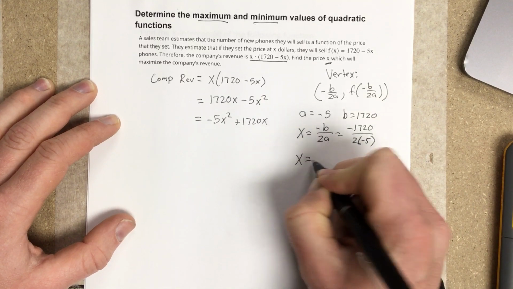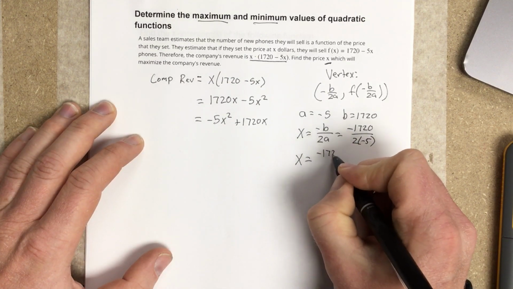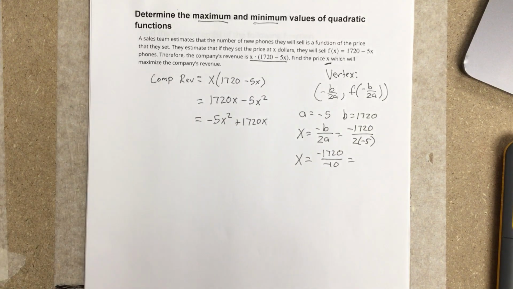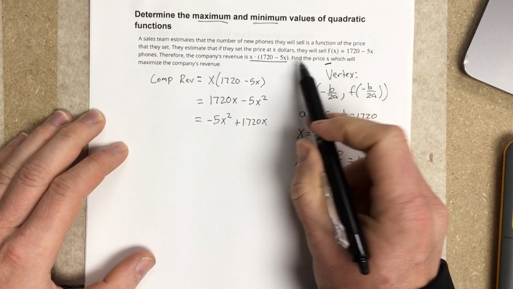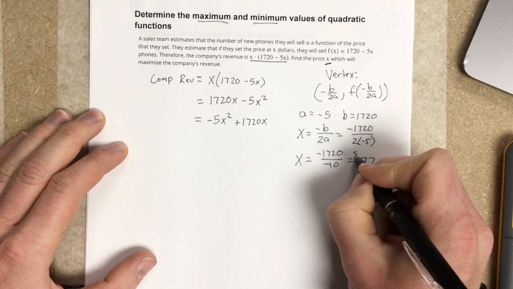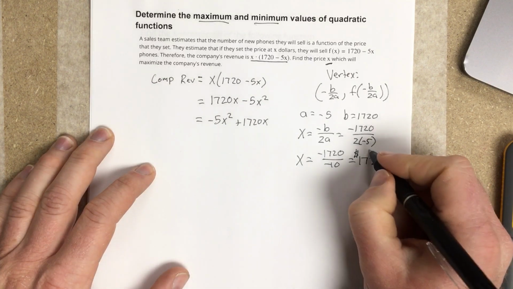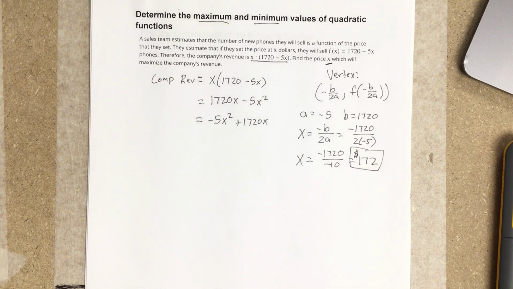So I end up with x is equal to negative 1720 all over negative 10, which would be 172. So find the price x, which will maximize the company's revenue. They should set their price at $172. And that's how you determine the maximum and minimum values of quadratic functions.